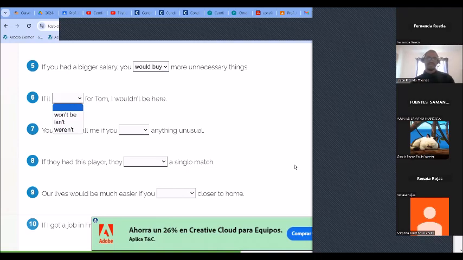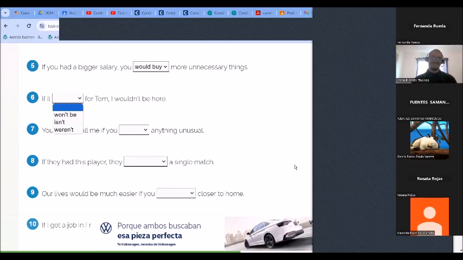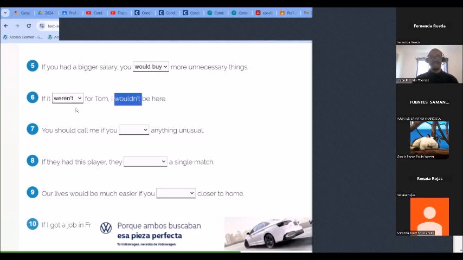If it isn't for Tom, I wouldn't be here. All right. Always try to match. No, it couldn't be isn't. It has to be past with past.